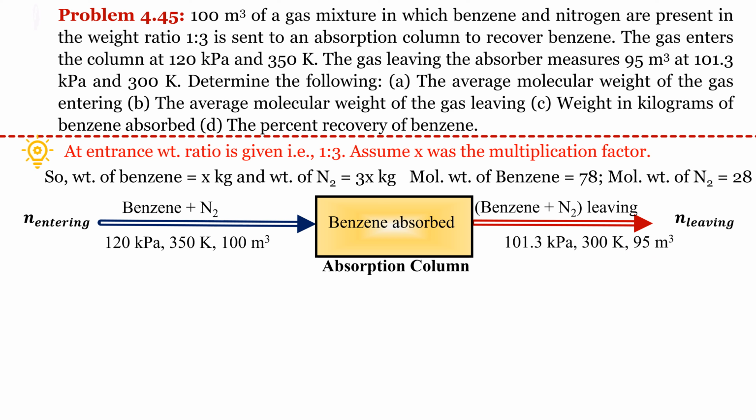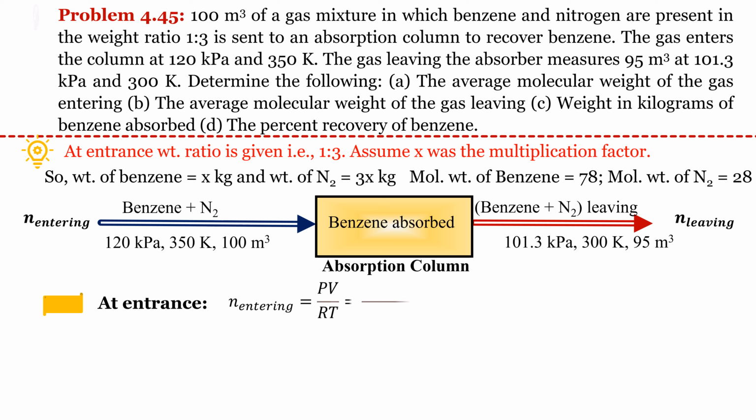And we are assuming total moles of gas leaving equal to N leaving. Now in this case, temperature, pressure and volume are known, so we can easily estimate the N entering.